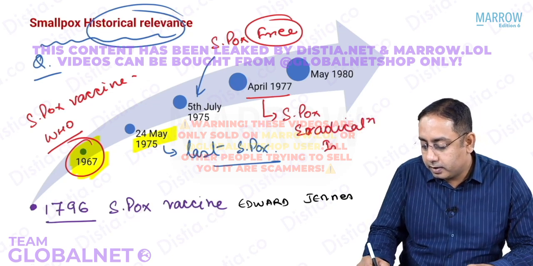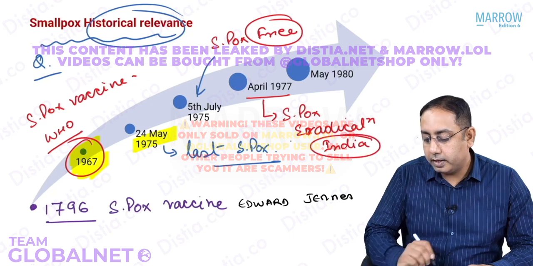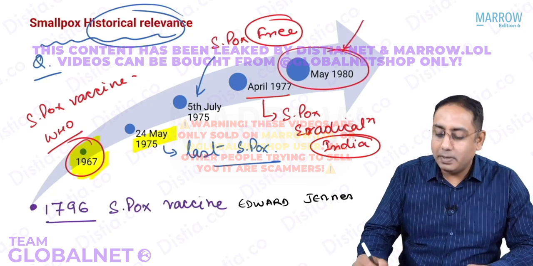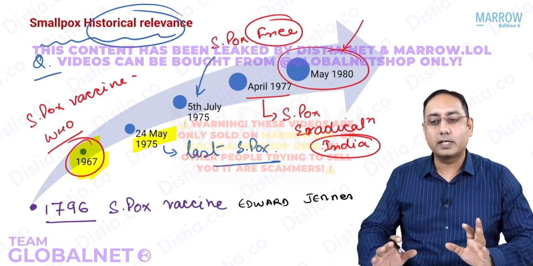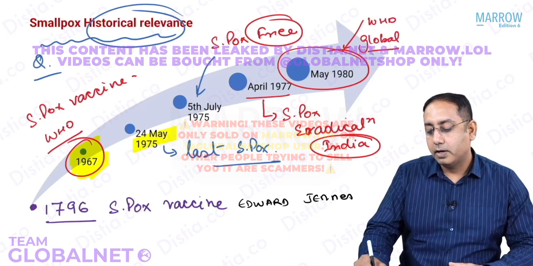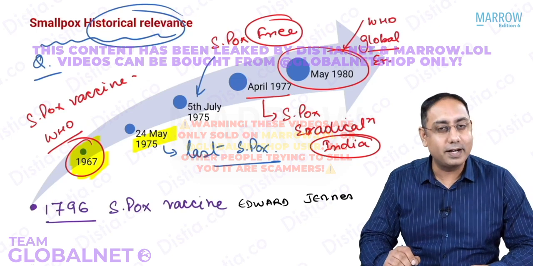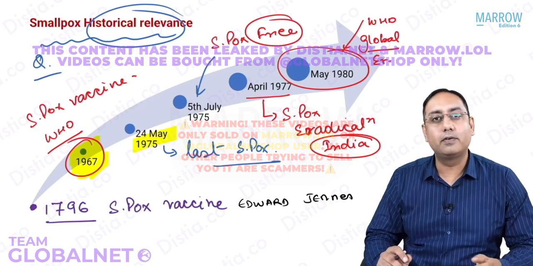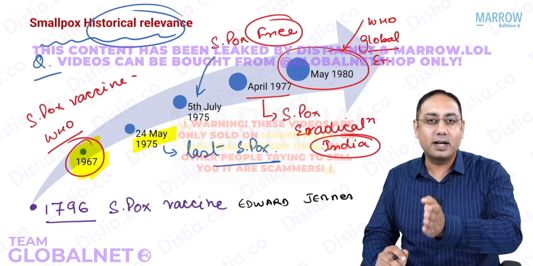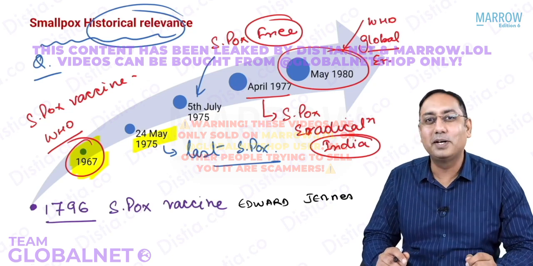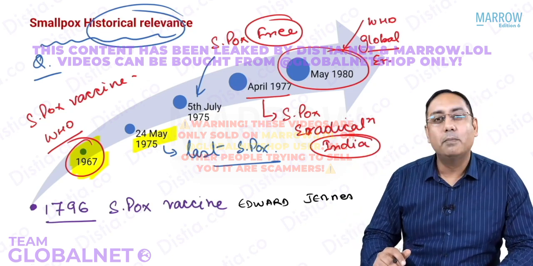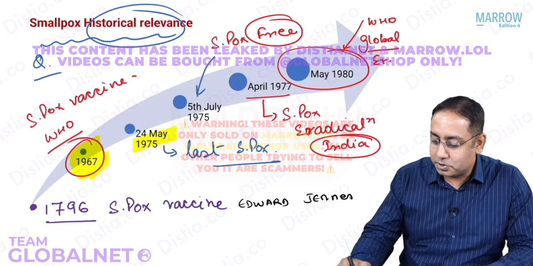Subsequently, I think the world knows that in May 1980 smallpox vaccination was stopped and the WHO declared global eradication of smallpox. The Park textbook writes that the last chapter on smallpox is yet to be written, because the smallpox virus is still there, so we don't know what's going to happen next. But all said and done, these are the MCQs you need to remember.